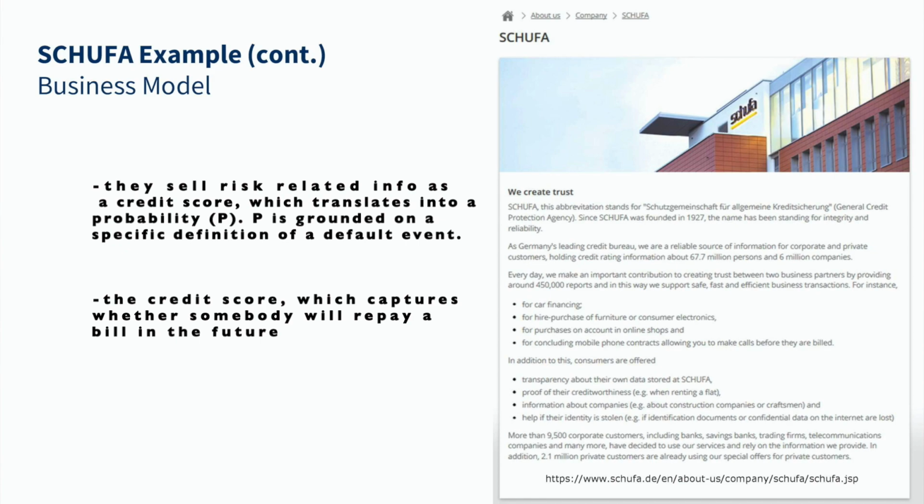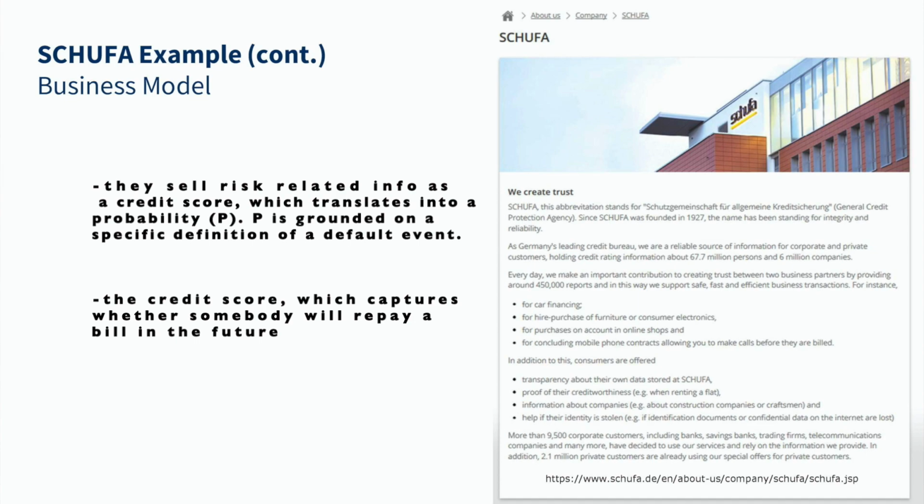What is important here is that the notion of what is creditworthy in the opinion of Schufa or a credit bureau depends on an underlying definition of default, which few people know. I'm not surprised that nobody came up with that.